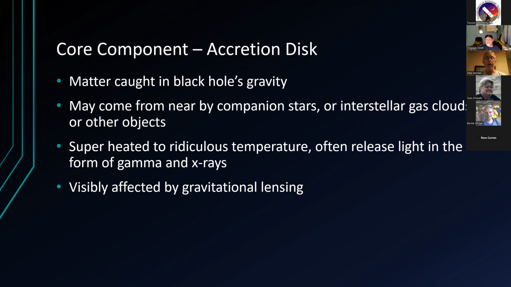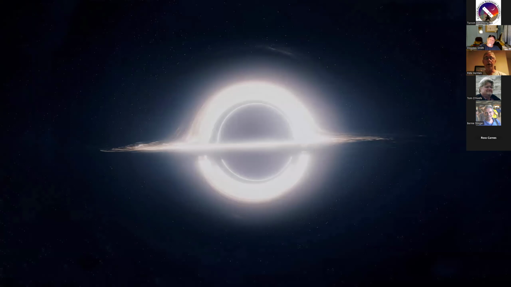And if you have seen the movie Interstellar or the Event Horizon Telescope pictures, you'll see that there are some weird effects going on around the event horizon and the accretion disk. That's gravitational lensing, which comes from general relativity: the gravity of massive objects can distort the appearance of light that travels around the object.